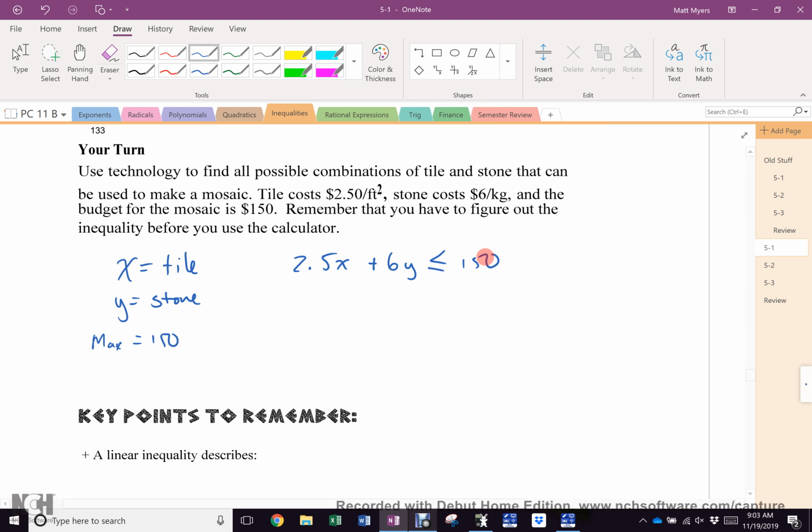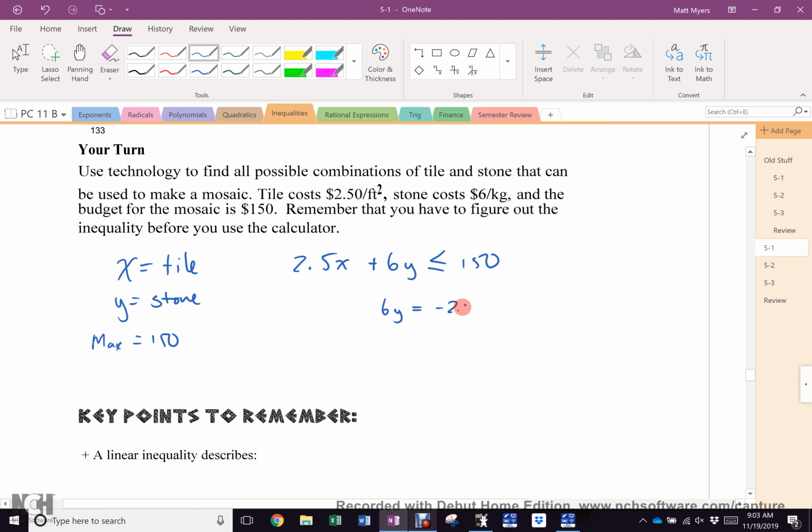And that is a really smart way to have set this up. Because of course you know you've got to divide by 6, right? And 150 divides by 6, doesn't it? So if you set it up that way, you're in good shape, yeah? So let's do that. 6y. Now I've changed it to equals because I need my what? My boundary line, right?